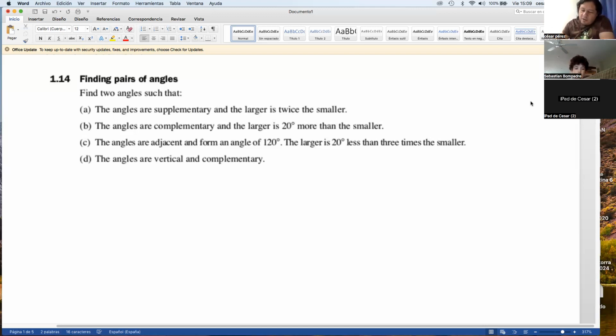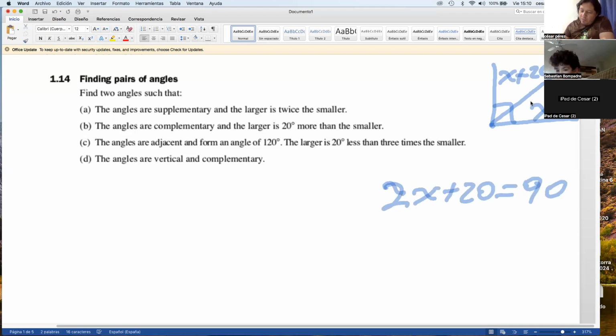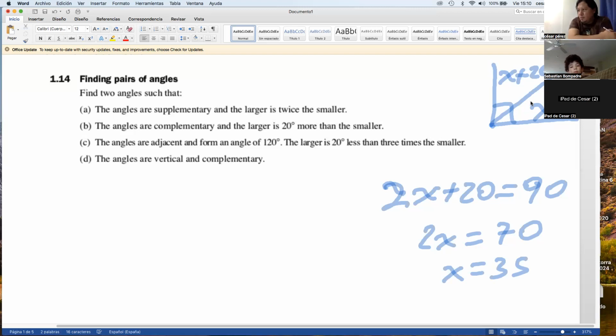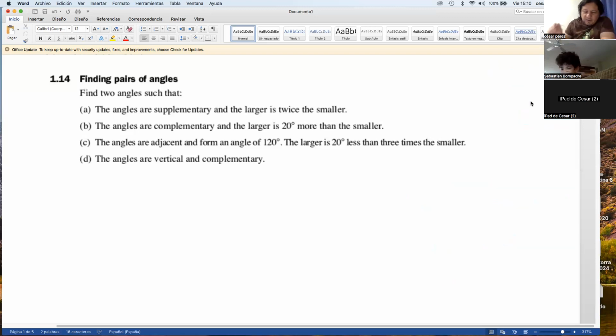Okay, we can make a drawing. They are complementary, so they complete 90 degrees. One is x, the other one is x plus 20. So 2x plus 20 is 90. Okay. So 2x is 70. x is 35. And this is 55. Okay. Well, yes, that's right.